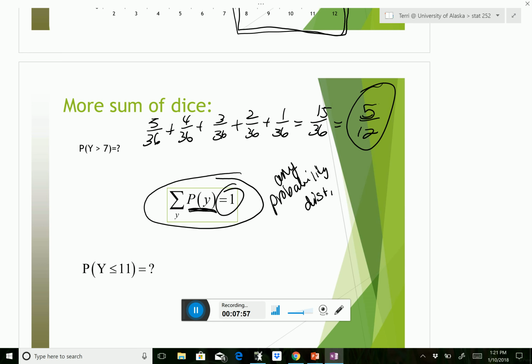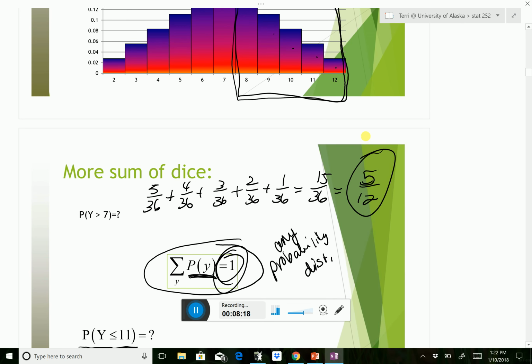We're not going to get 1. We're not going to get 13. So the probability that one of these 11 numbers happens, added all together, should be 1, which makes sense. So using that information, what do you think the probability is that y is less than or equal to 11? Well, let's think about that for a second.